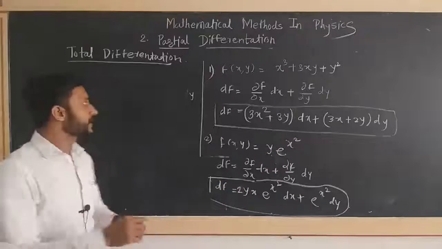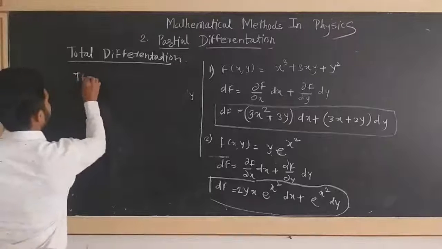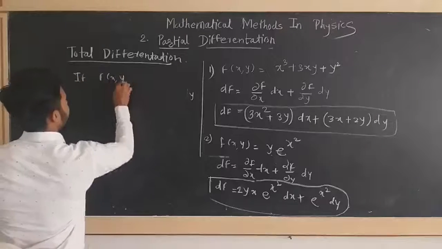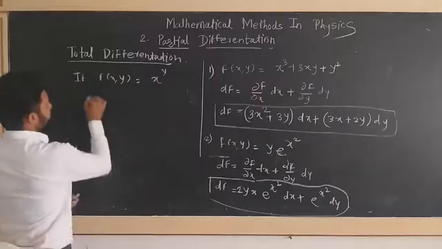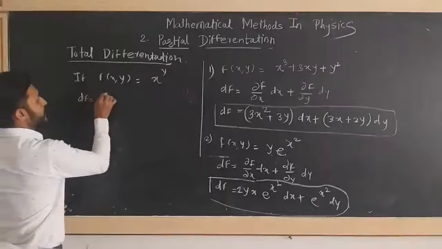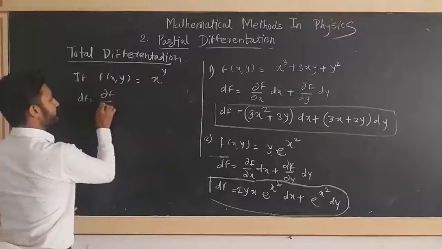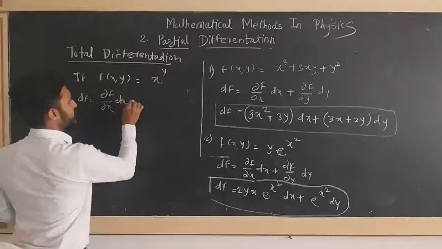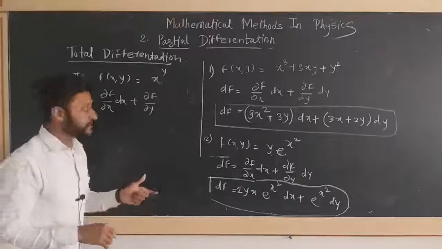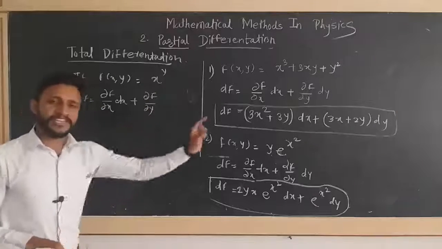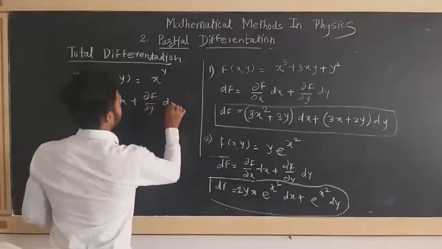One more problem. If f is a function of x and y, and the function is given by x^y. So for total differentiation, write the formula ∂f/∂x dx plus ∂f/∂y dy. Whenever you get the chance to write the formula, just rewrite it.